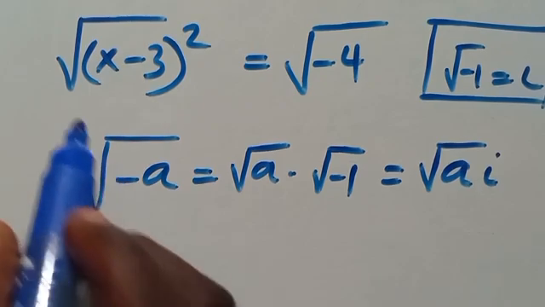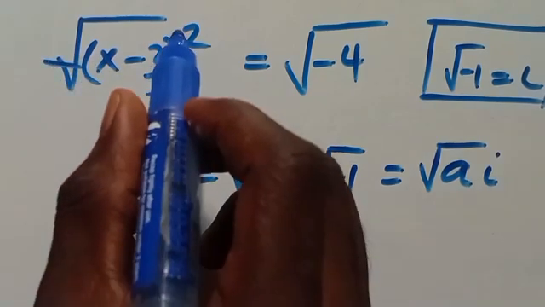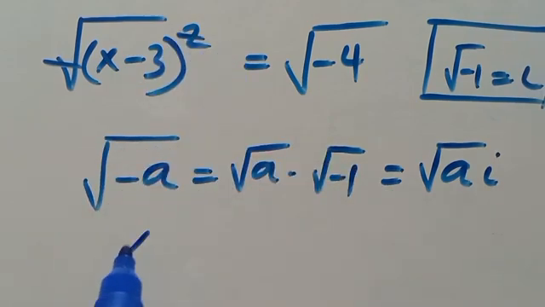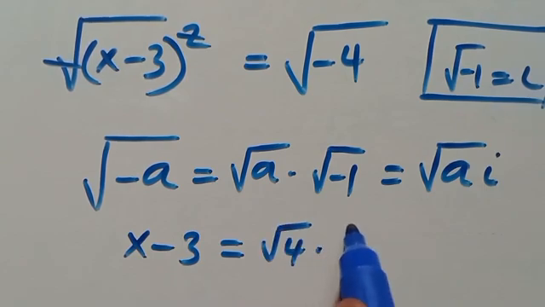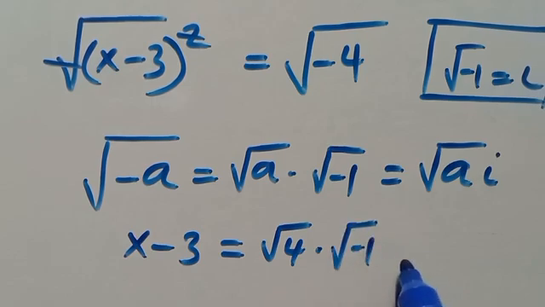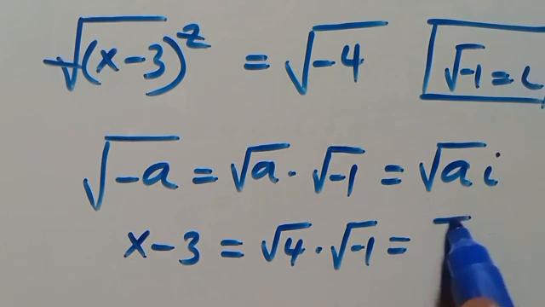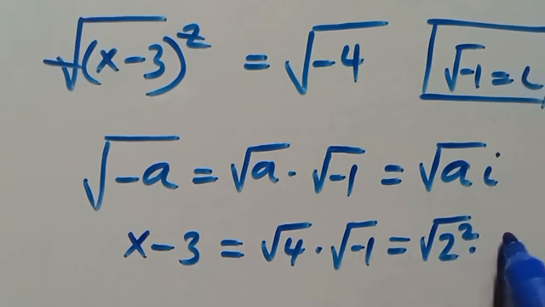Now from here we have this root to cancel this power 2. So we have x minus 3 to be equals root 4 multiplied by root of minus 1. Then root 4 is a perfect square, so we can have it as root of 2 to the power of 2 multiplied by root of minus 1 equals i.